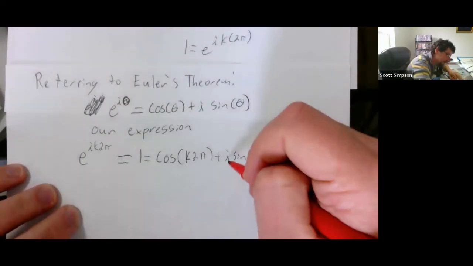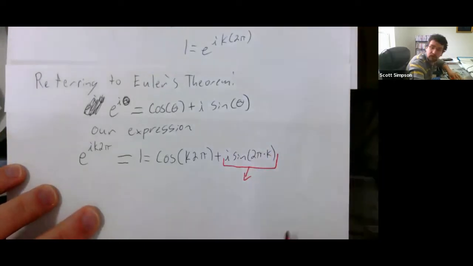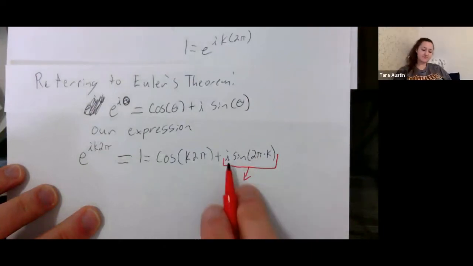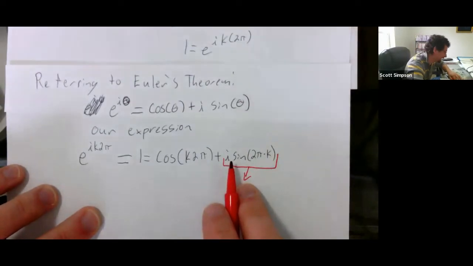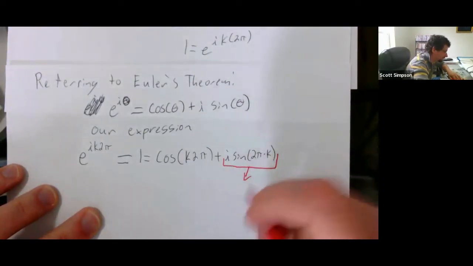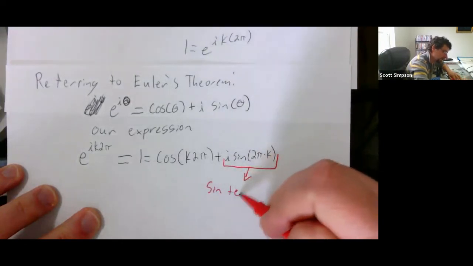And Tara, I think you said why this should be a 0. What did you say? Why did we want this term to be 0? Because of the i. It's imaginary, and imaginary numbers really don't mean too much. So the sine term must be 0.